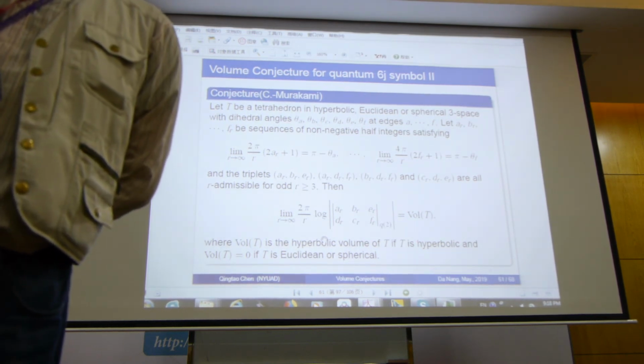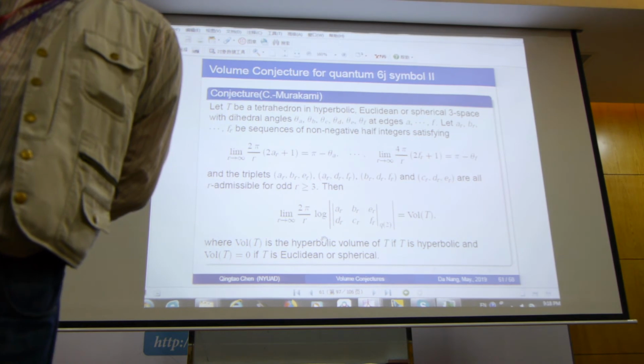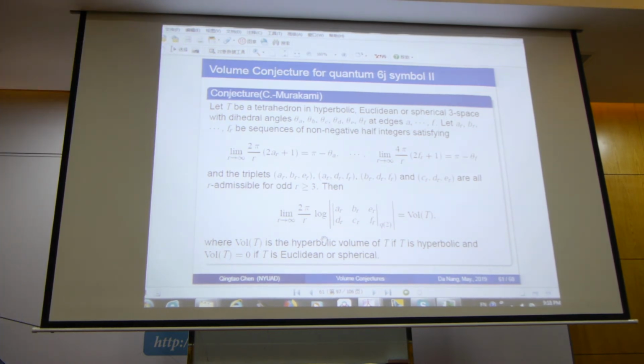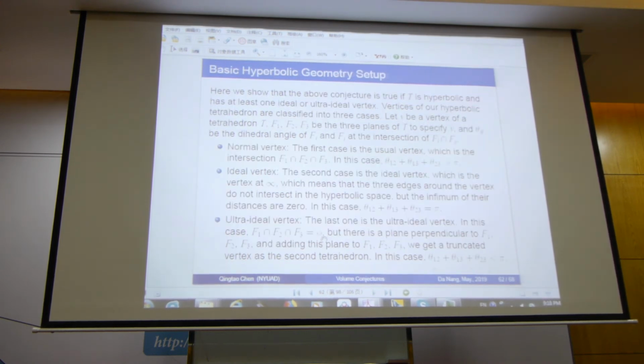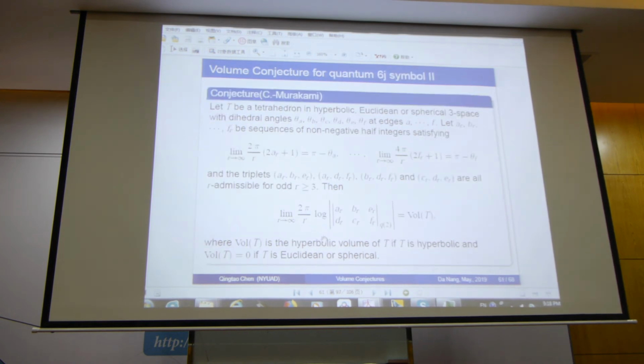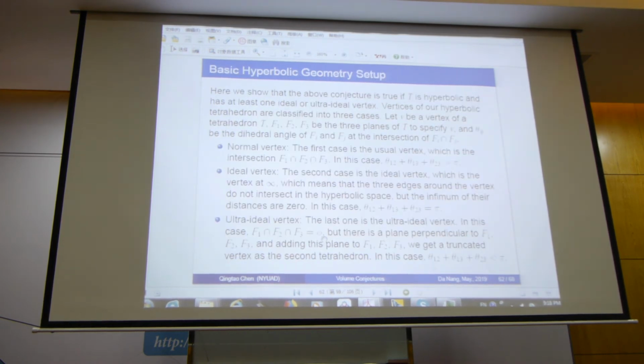This conjecture we proved in, I think, 80% of the cases, because we need to assume at least one vertex is ultra ideal. So here we show that the above conjecture is true for T hyperbolic with at least one ideal and one ultra ideal vertex. I think this is not the whole case, but the majority of the cases. We didn't prove it for all the cases, so that's why I list it here as a conjecture, because we prove only the majority of the cases.